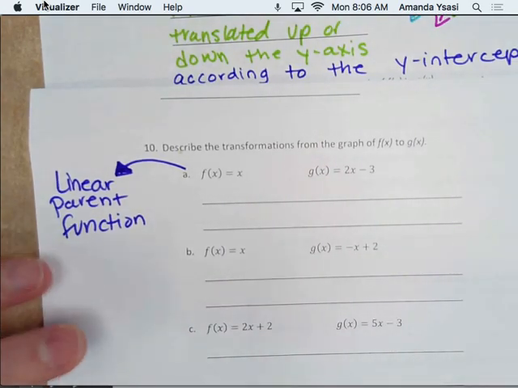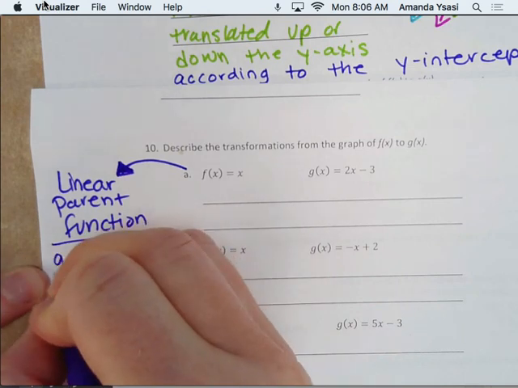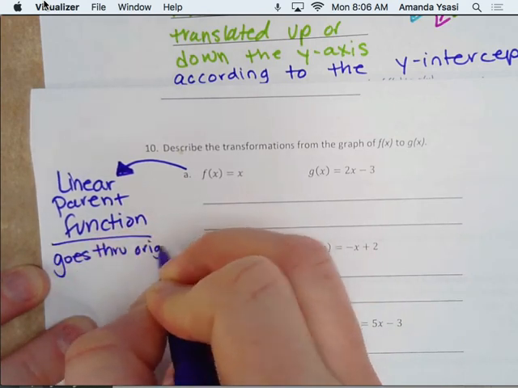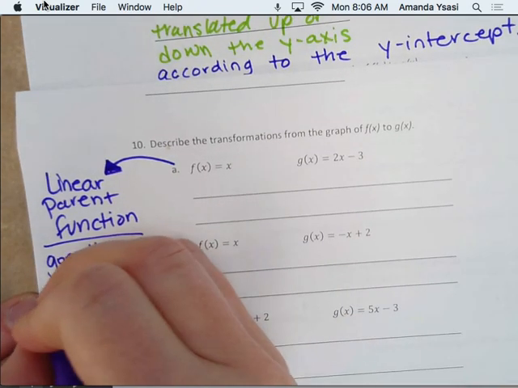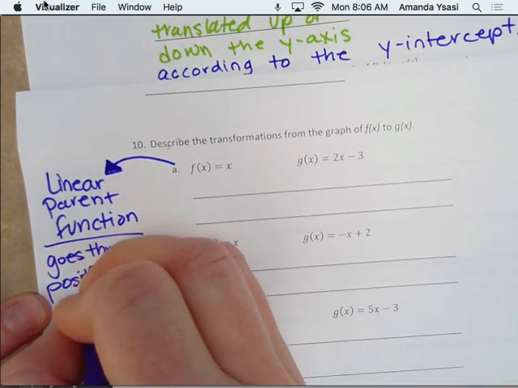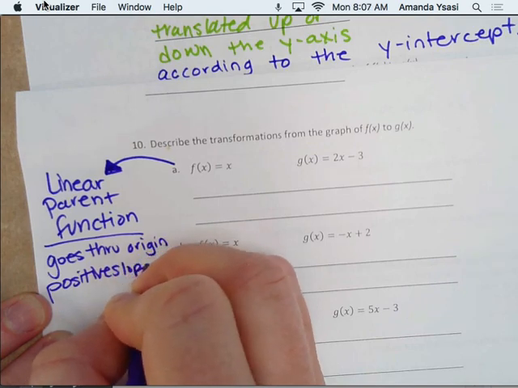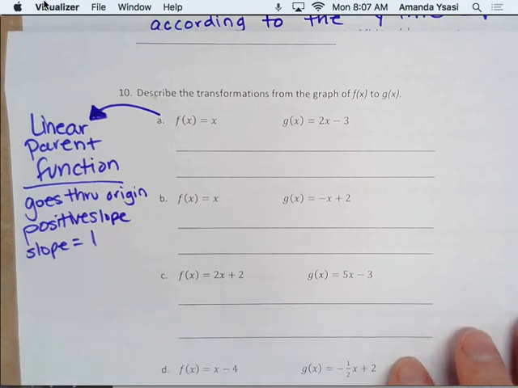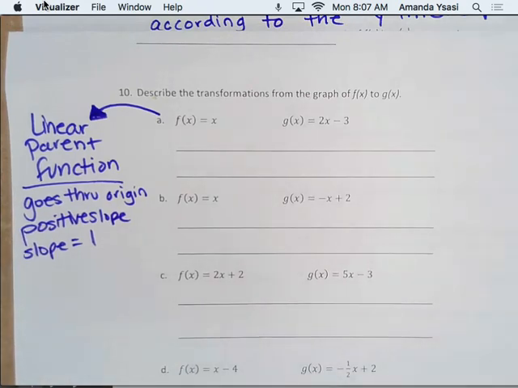For the linear parent function, it goes through the origin. And it's also a positive slope. Slope equals 1. So it's the most basic linear function.